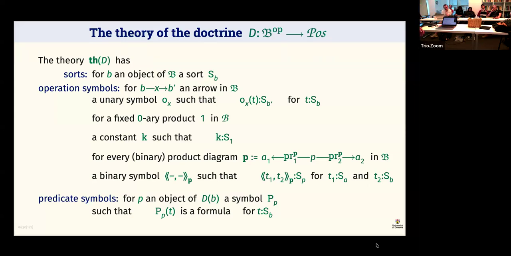The reason why there is a B in fraktur mode is because I want to remember that I can perform this construction when the collection of objects is a set, because I want a theory. And so I have to be able to tell you that this collection, as little b varies, is a set.